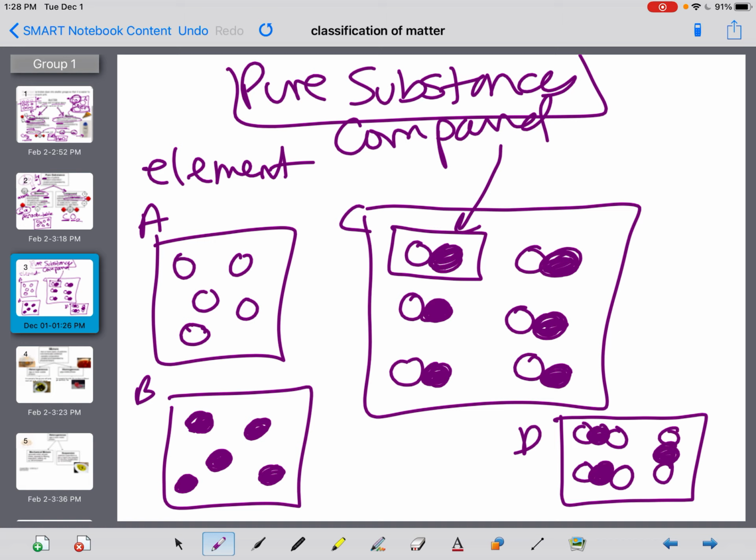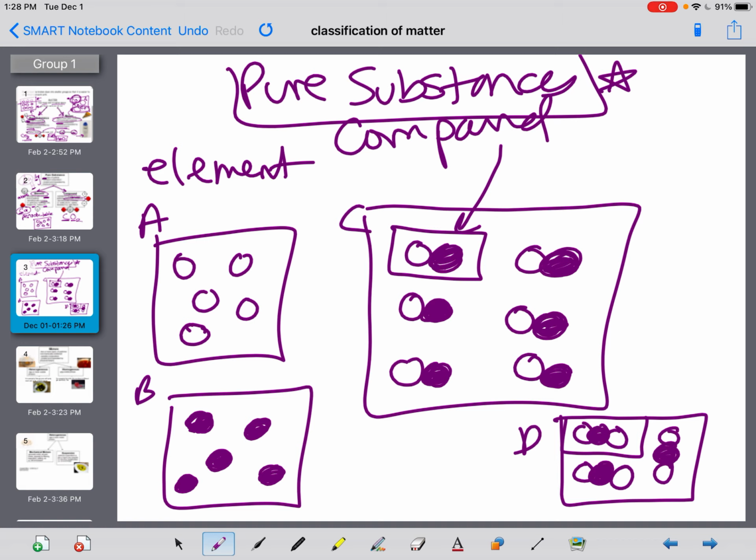But because it's the same compound repeated over and over again, that's what tells us it is a pure substance. D is also an example of a compound. Okay, it looks different than C because now we have two white circles and one purple circle, but it's still considered to be a pure substance because it's the same type of particle over and over and over again.